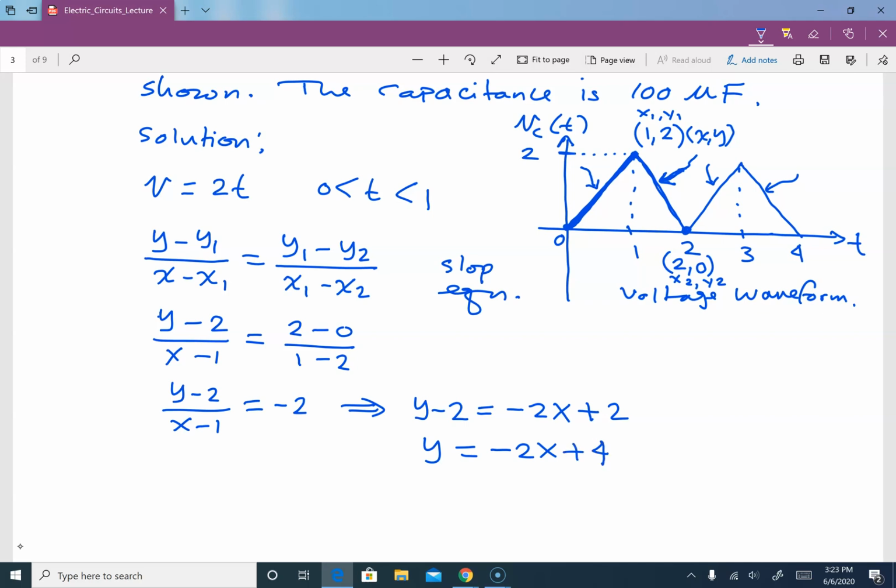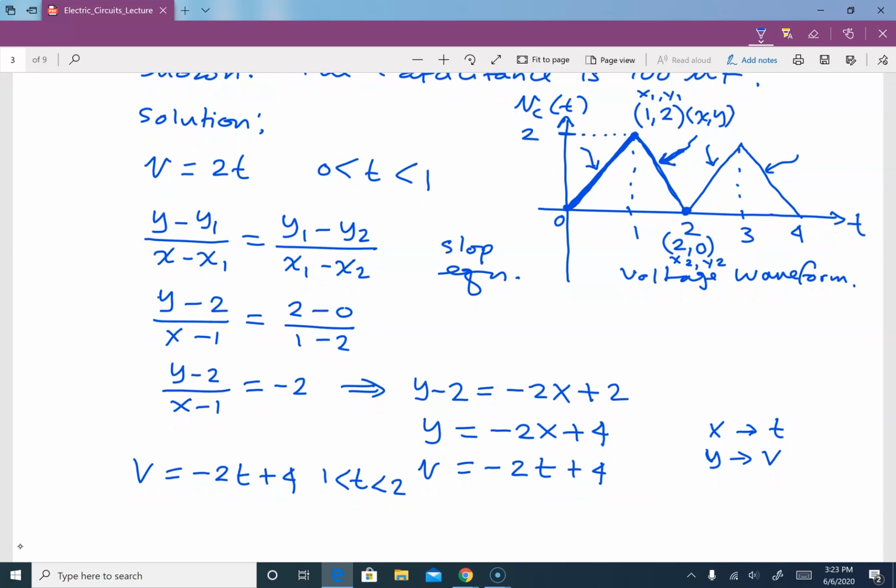However, our x-axis here, x is t, and y is v. So we can say that v is equal to negative 2t plus 4, and that is for t greater than 1 and less than 2.